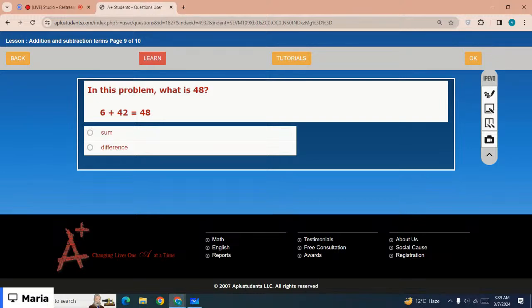In this problem, what is 48? Yes, 48 is the sum. The correct option is sum.